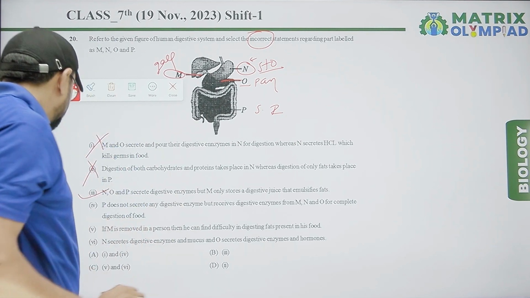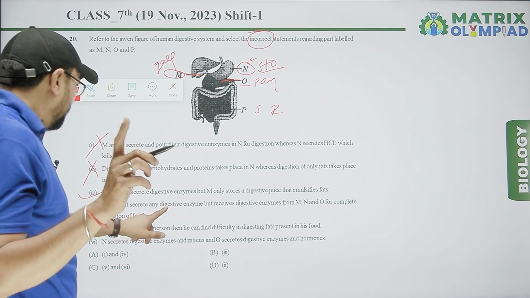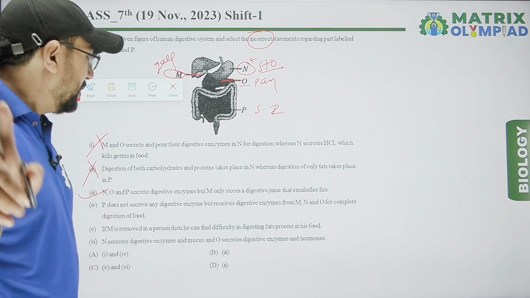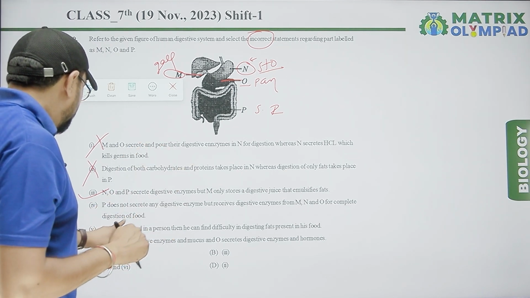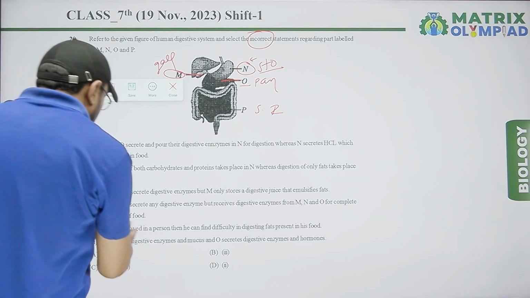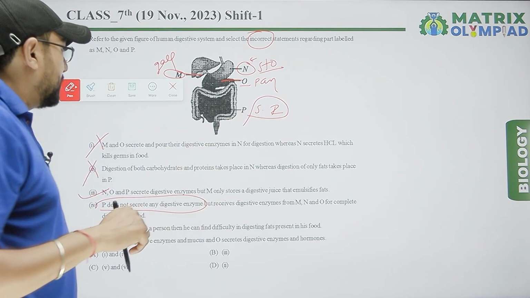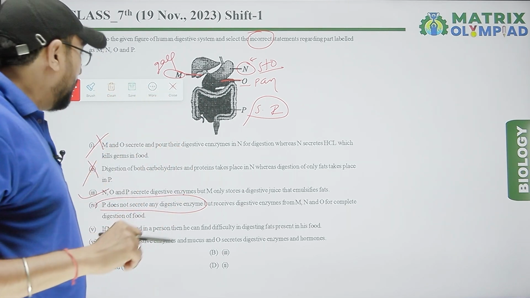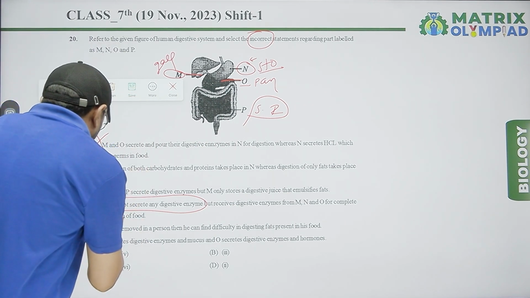That is right. P does not secrete any digestive enzyme, but receives digestive enzyme from M, N, O for complete digestion of food. That is wrong, because P is the small intestine, and sucrase and many intestinal enzymes are released from this site. So this statement is wrong.